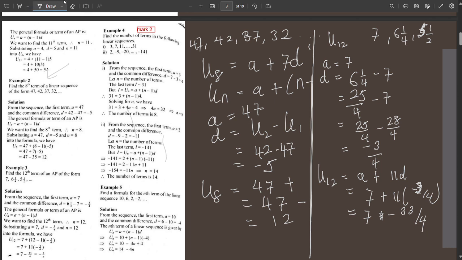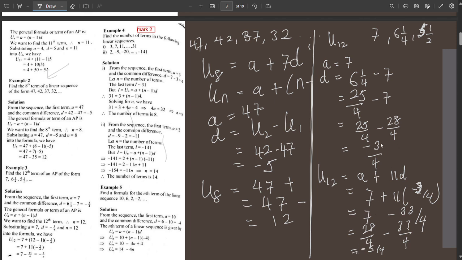Okay. Punch into the calculator. You're going to get 28 over 4 minus 33 over 4. Subtracting this, we have negative 5 over 4. So the answer is negative 5 over 4.